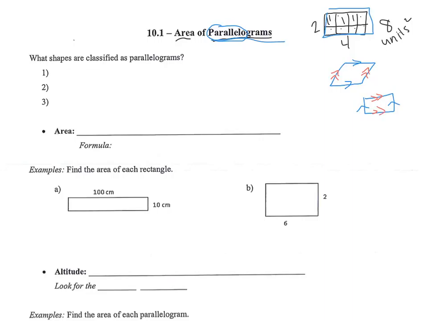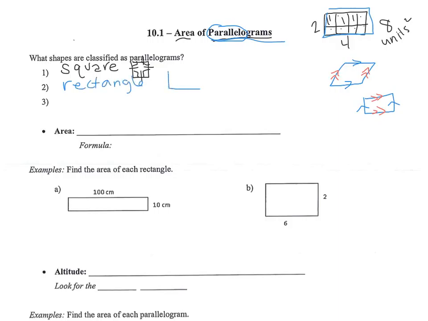So what shapes are classified or called parallelograms? A square is a parallelogram. So a square has 4 sides that are equal and 4 90-degree angles. A rectangle is a parallelogram.